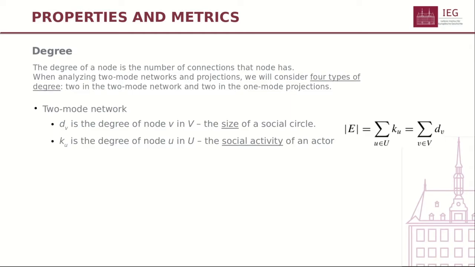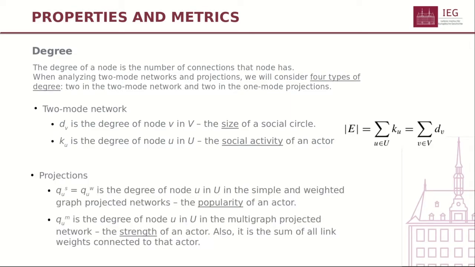And this is just saying that the number of links in the 2-mode network is equal to the sum of the sizes of all circles in the network, which is in turn equal to the sum of the social activity of all actors of the network. Okay, that's all.